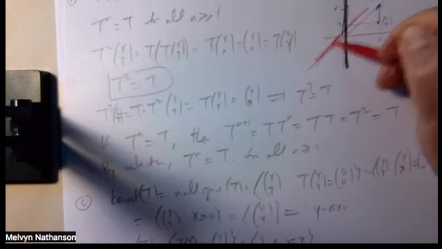So this is just the line Y equals X. This line Y equals X, that's the image of T. Any questions about this?